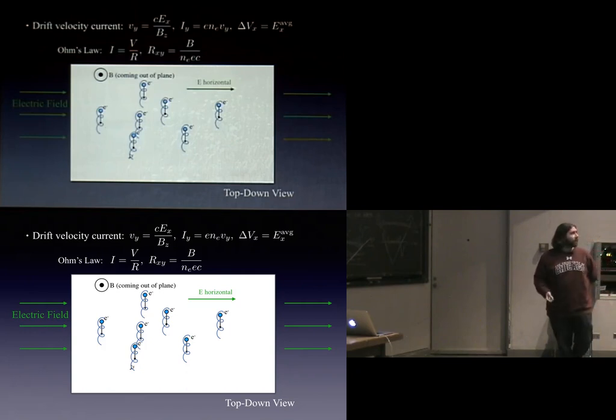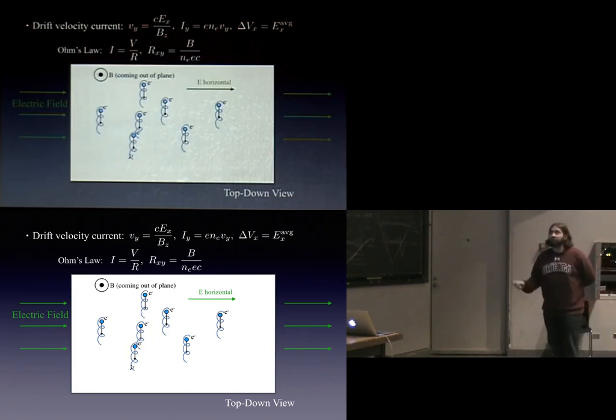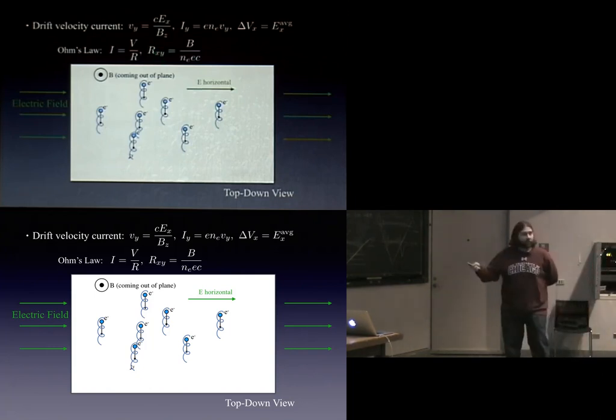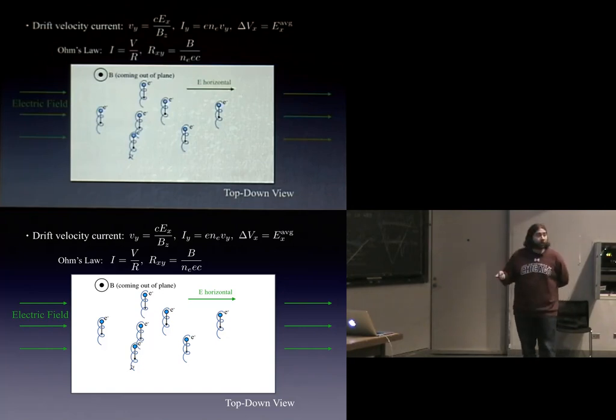Which is different than how we usually measure resistance, right? Usually resistance is I apply a voltage differential in one direction and I ask how much current is flowing in that direction. And that would be the normal resistance. Here I'm talking about something else. It's called the odd or Hall resistance. I'll usually call it either R_XY or R_H.